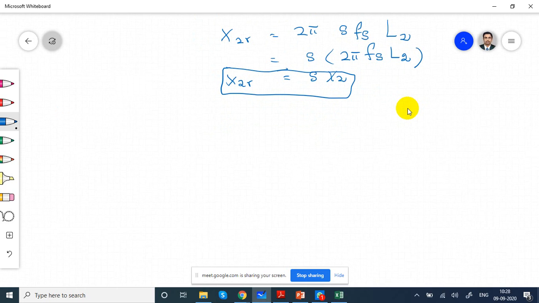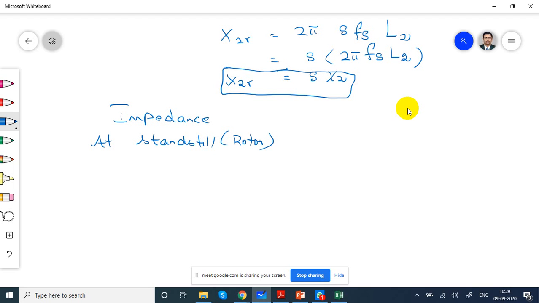So the impedance formula at standstill for the rotor is Z equal to R plus jX, in ohm per phase.